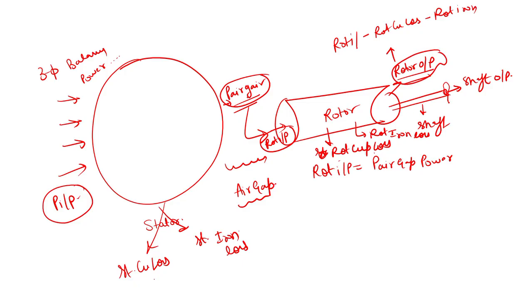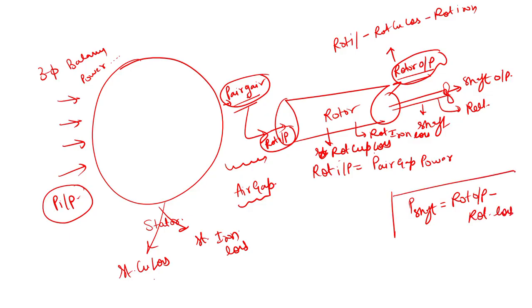It will rotate, so it has some rotational losses. So how will you find P shaft? Rotor output minus rotational loss. You can find the net power. So this is the power flow diagram of the induction motor basically.